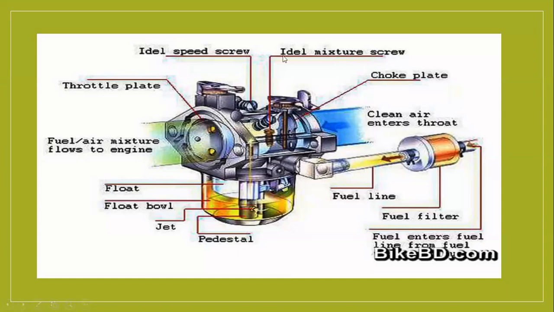Tighten means it goes inside and closes the path. If you remove it, it will be anti-clockwise. So if the screw comes up, then the amount of fuel mixture will increase. Then the vehicle will move smoothly. Right? Fuel is set by the idle mixture screw. Accelerator is set by the idle speed screw.